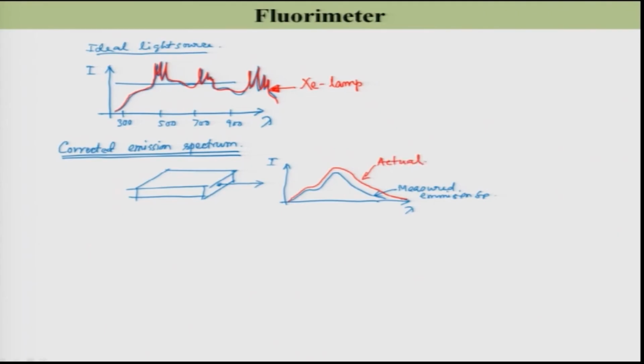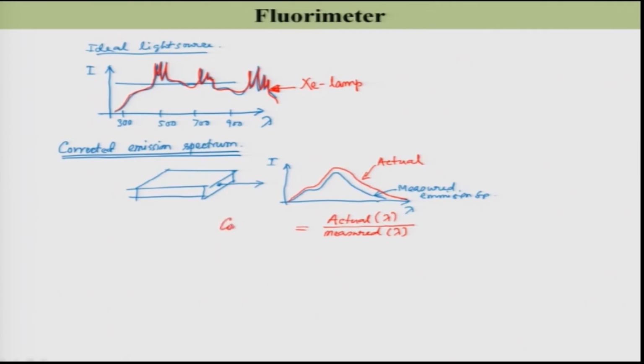So, what you can do simply, you can generate one curve by dividing actual by measured. If you do it this way, actual by measured, you will get, obviously at a particular lambda, the correction file.